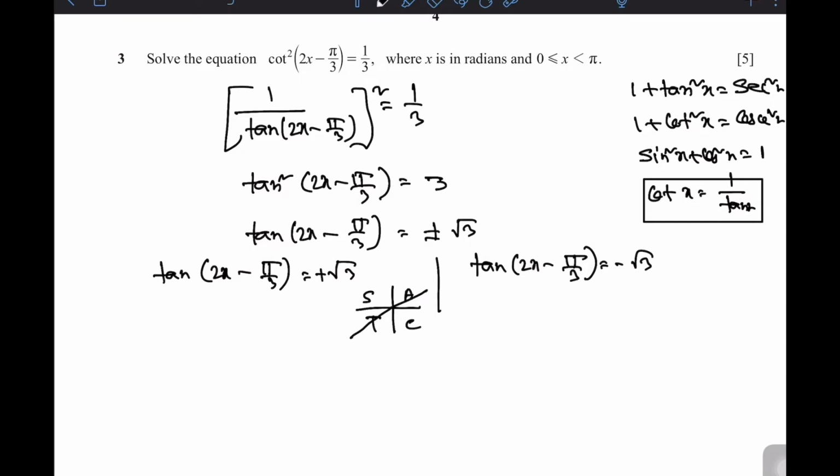In the first quadrant we just take the inverse, I mean we find the acute angle, tan inverse root 3, and in the third quadrant it will always be pi plus tan inverse root 3.